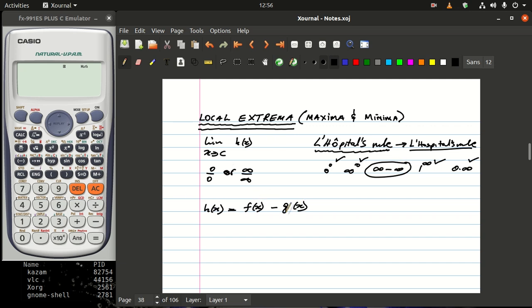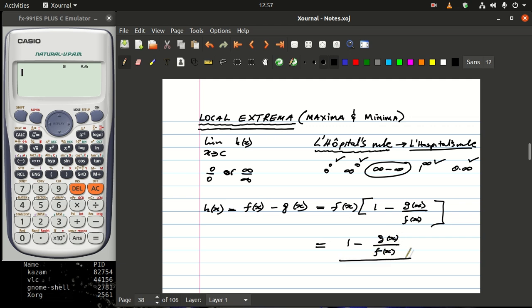Some people generalize and factorize f of x, so f of x divided by f of x is just 1, minus g of x divided by f of x, which is 1 minus g of x over f of x, and then they divide this whole thing by 1 over f of x.